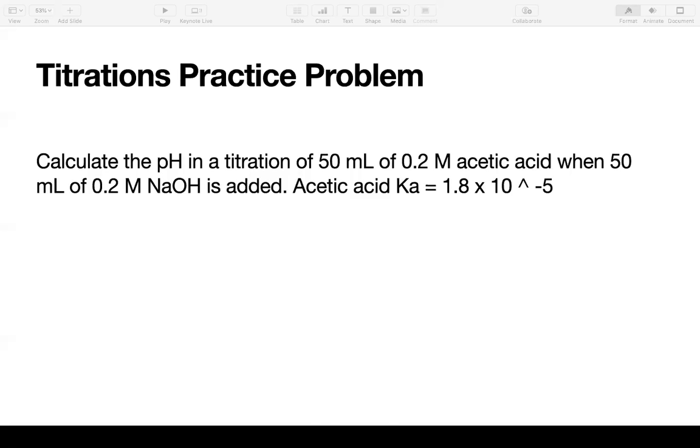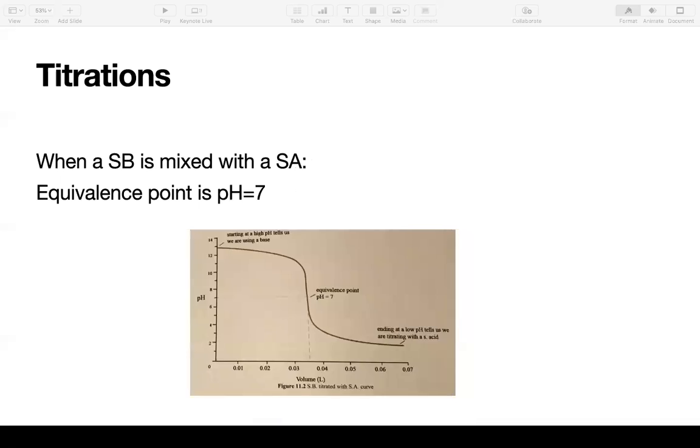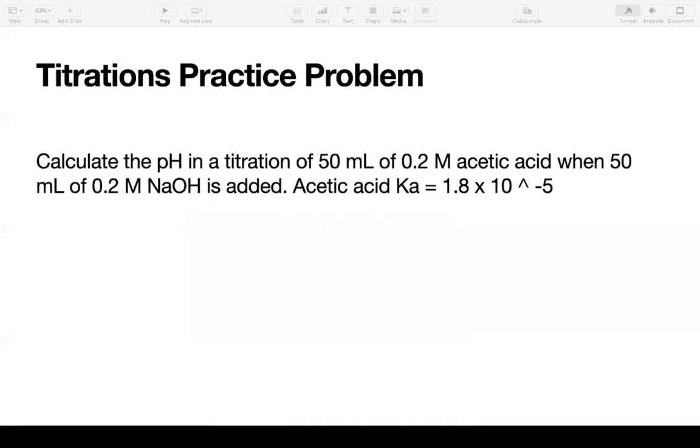So based off of this and these graphs that I showed you guys, what predictions can we make about the pH? I'll give you a hint. We have a weak acid paired with a strong base. So what predictions can we make?